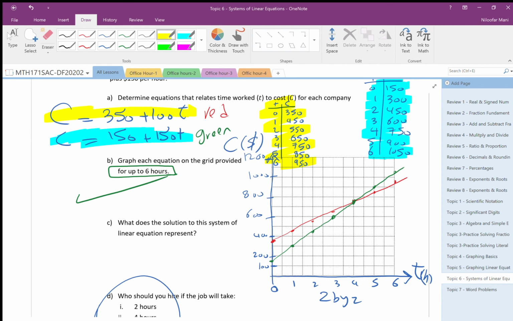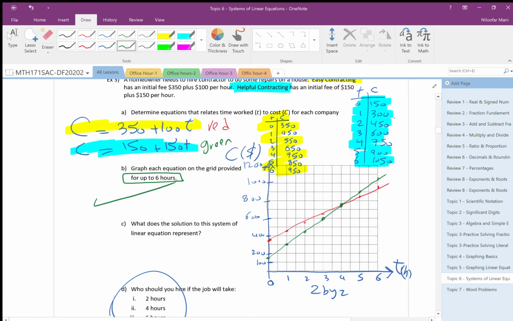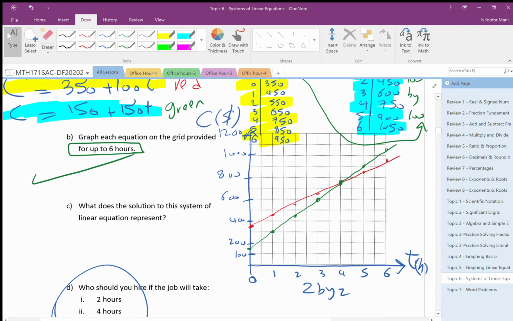When I look at the x-axis, it's time, and I go 2 by 2 here. For the y-axis, or C, I go 100 by 100. When you look at the graph, it's very beautiful.